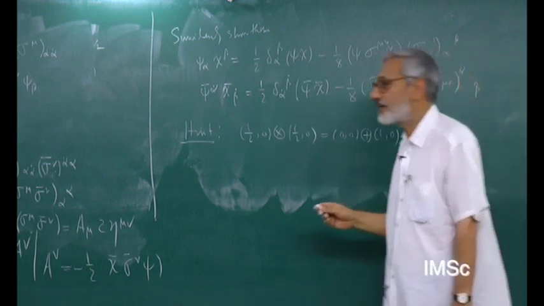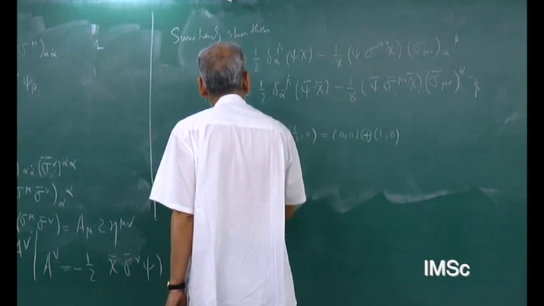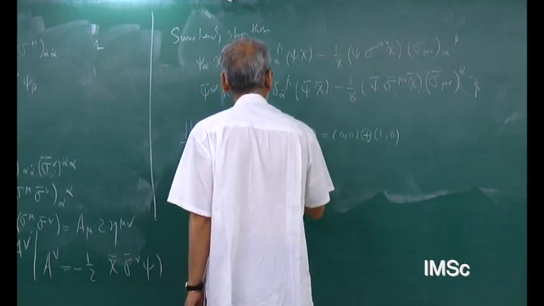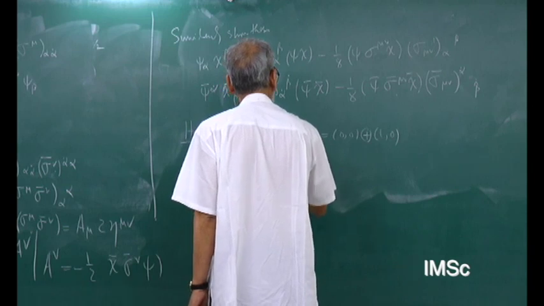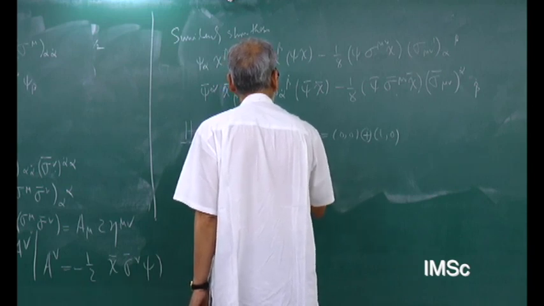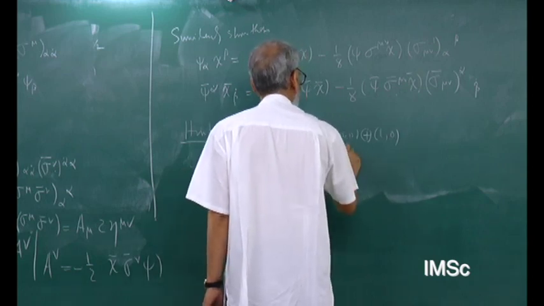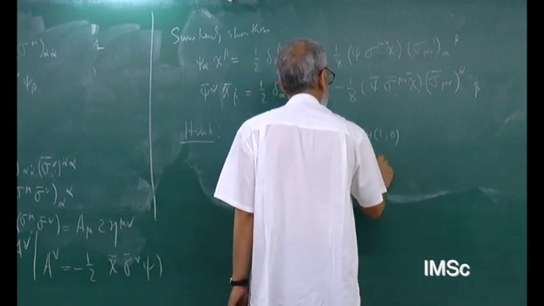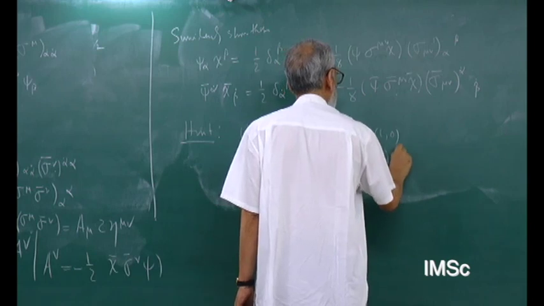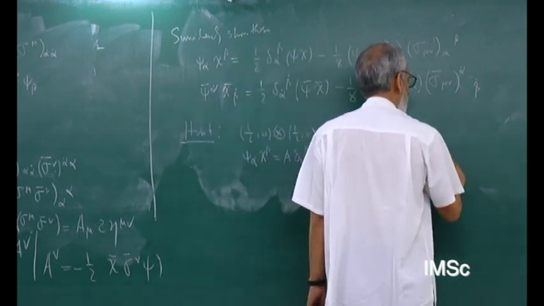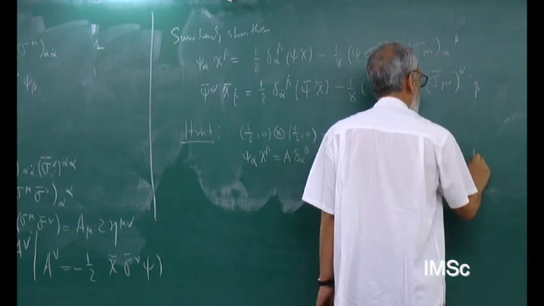So what does that tell us? What you do is that you write this as A delta alpha beta plus B mu nu sigma mu nu, where B mu nu is self-dual.